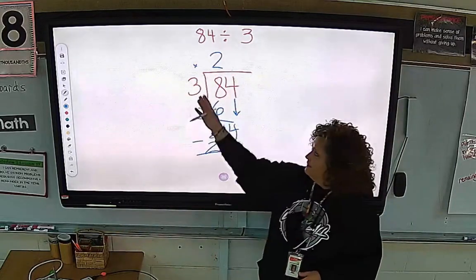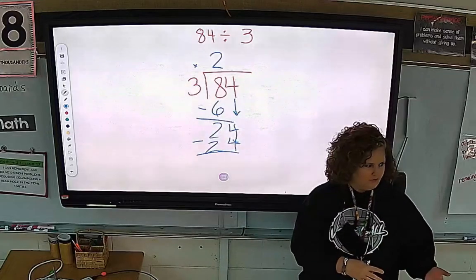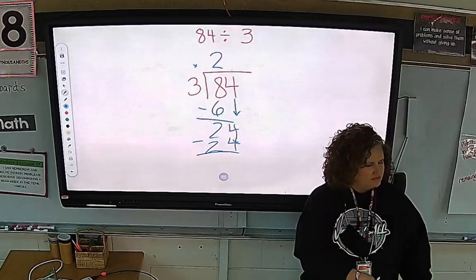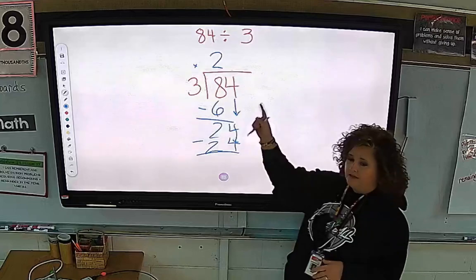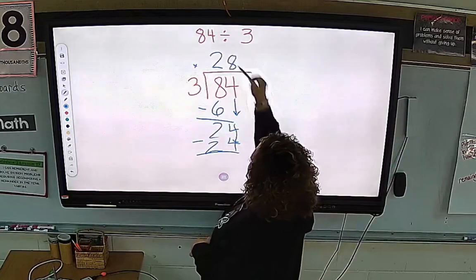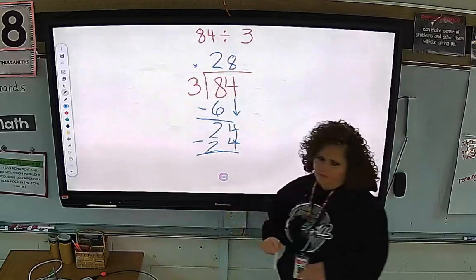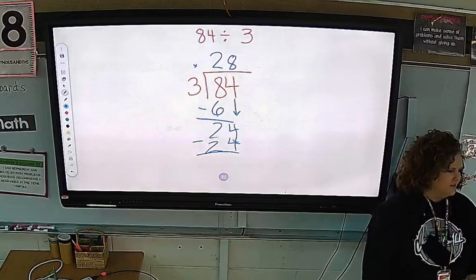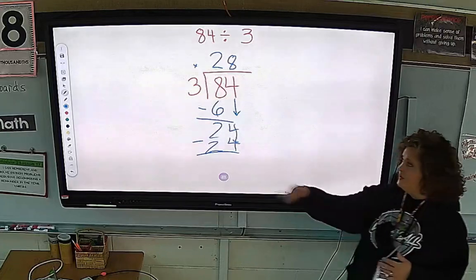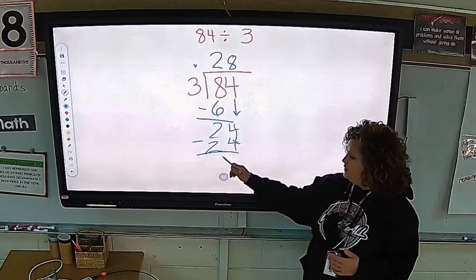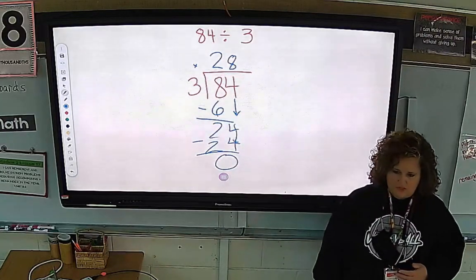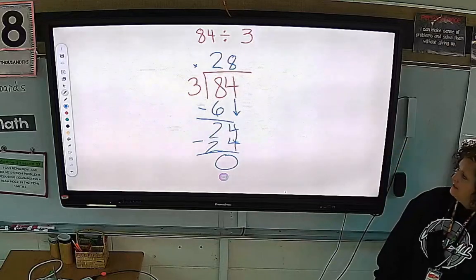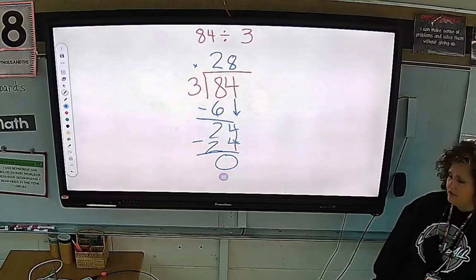Even if this number couldn't make 24 evenly, they would just subtract what was left. You can't do that. I can this time because 3 times 8 is 24. But you can't just subtract the last number just because it's the last number. You got to subtract as close to that number as you can. And we know sometimes we're going to have some leftovers. This time we didn't. So 84 divided by 3 is 28.